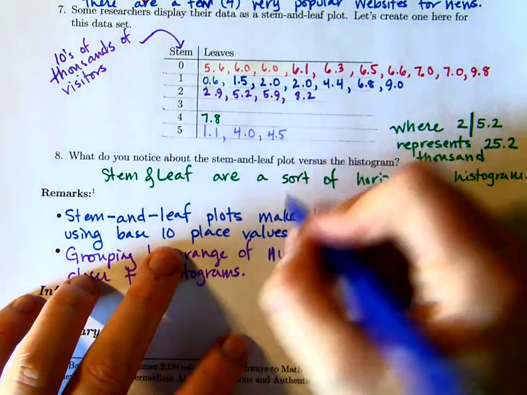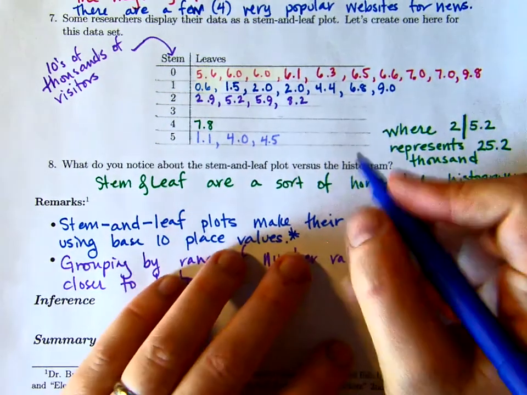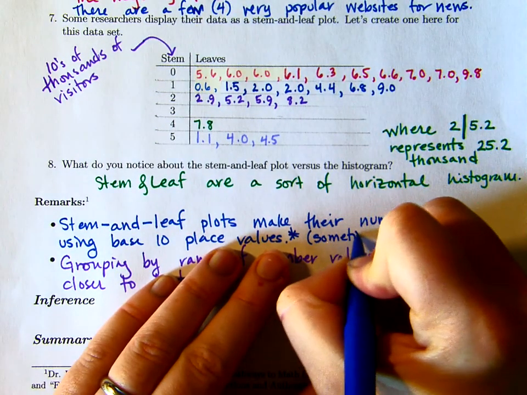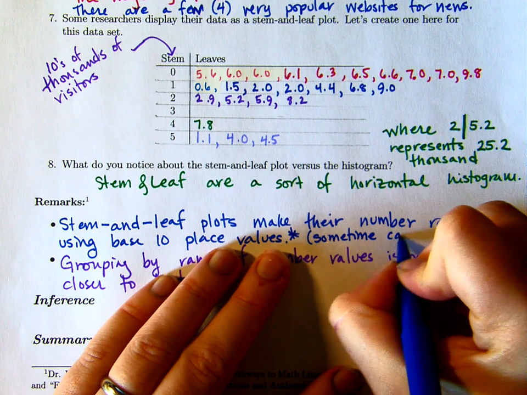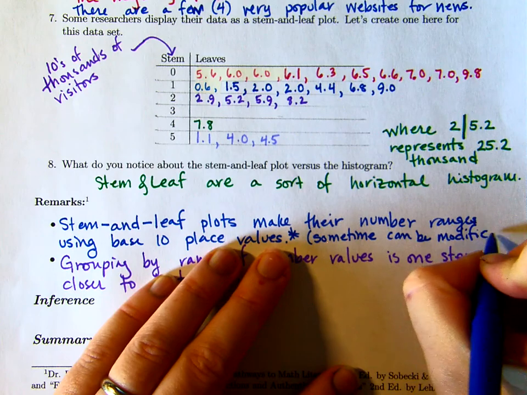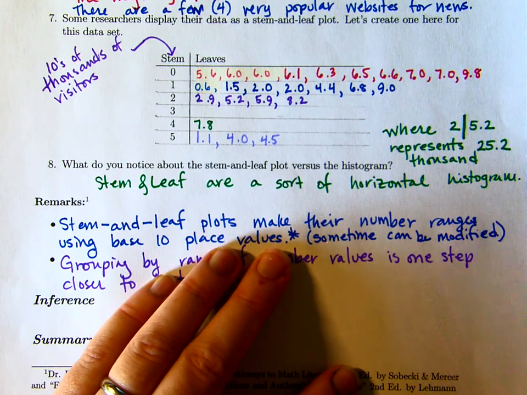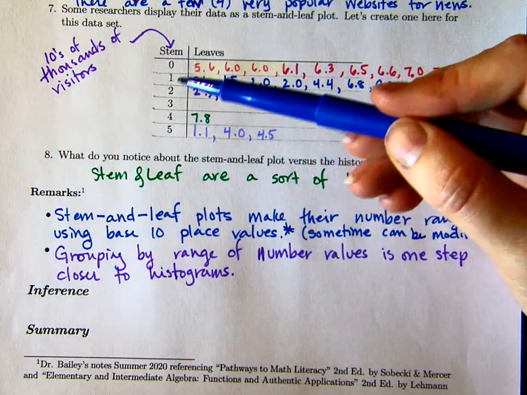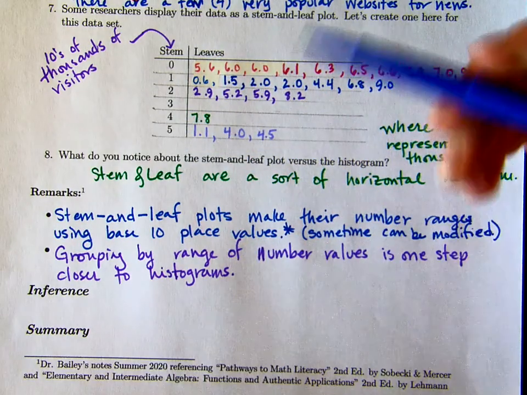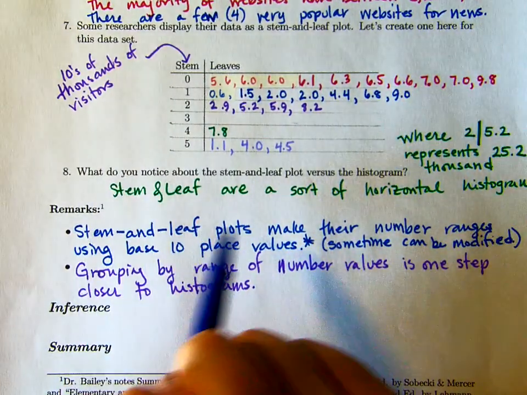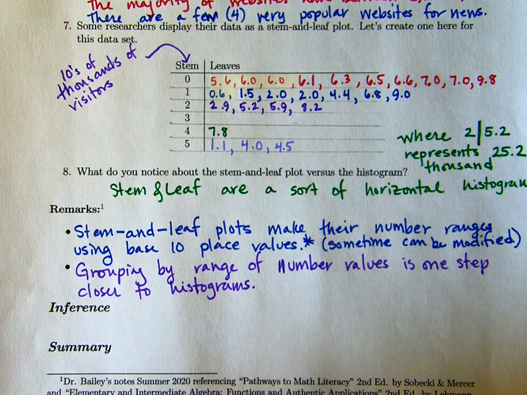So sometimes modified. We could have perhaps modified our stems to make them look like this. So it is possible, but the stem and leaf is just one step closer to creating a histogram.